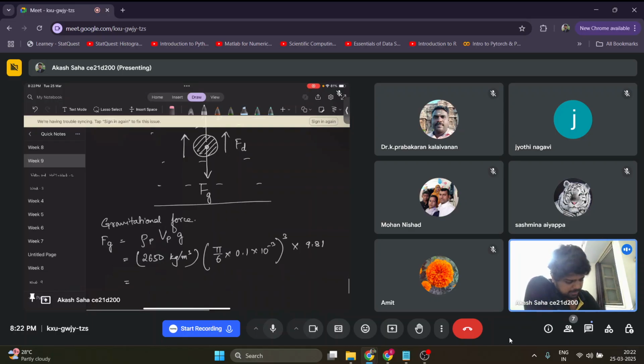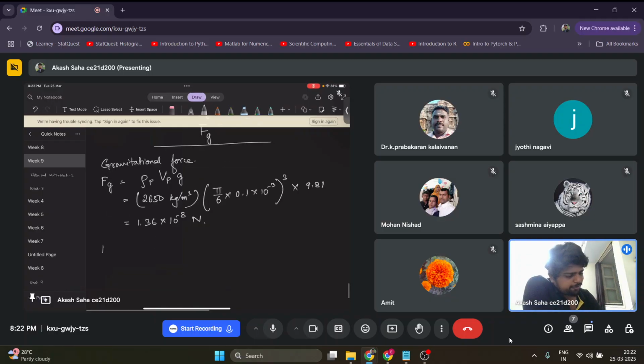So we'll get the gravitational force as 1.36 into 10 to the power minus 8 Newton. So this is my gravitational force. Now the buoyant force, or the force of buoyancy.